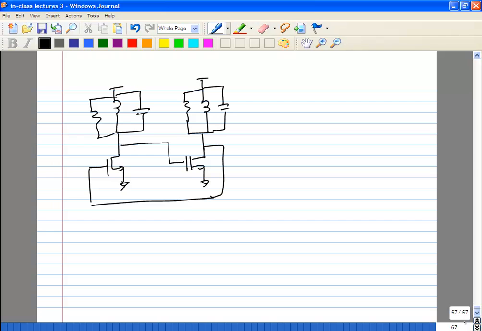If you do this, you will get a 360 degree phase shift at resonance. And of course, the loop gain at resonance is defined purely by Gm times Rp, whole squared, if they are identical.